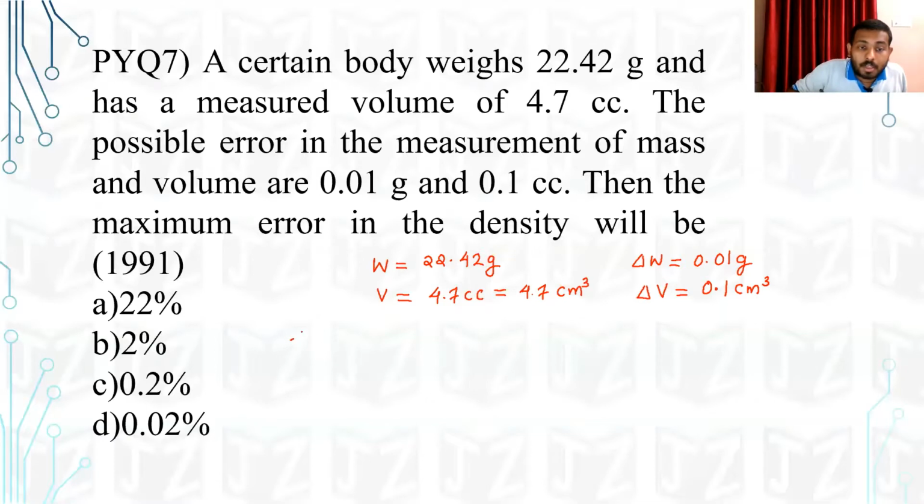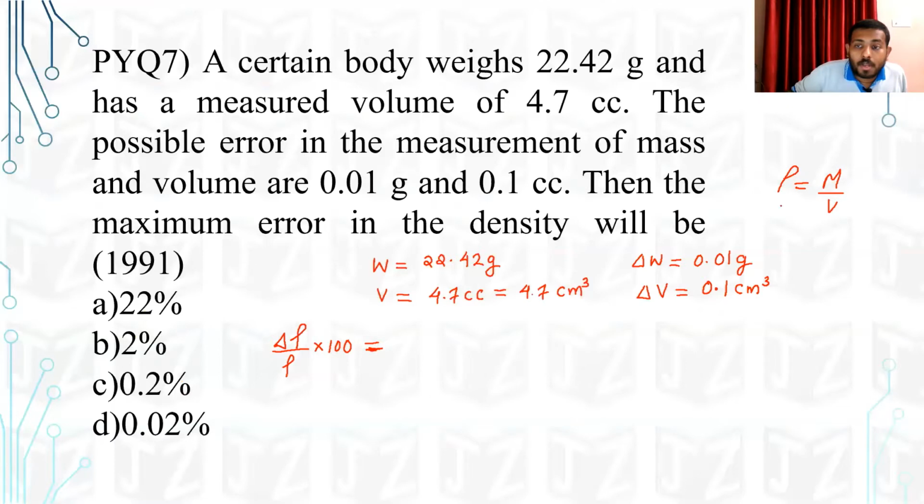Therefore, the maximum error in density, that is delta rho by rho, where rho is density, into 100, because all the options are given in percentage, so we need the answer in percentage, so we multiply it by 100. We know that density is equal to mass by volume, or in other words weight by volume.